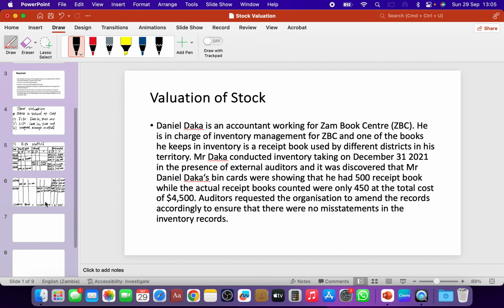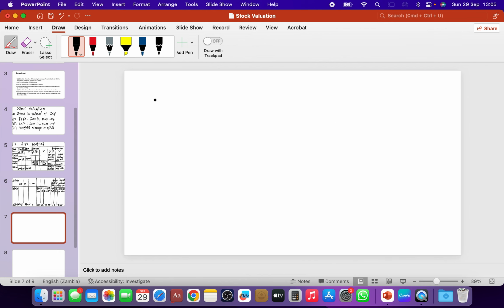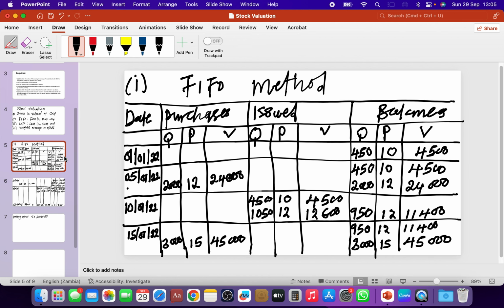Okay, it's therefore that the accountant will record the missing stock of 50 receipt books at the price at which they are recorded.